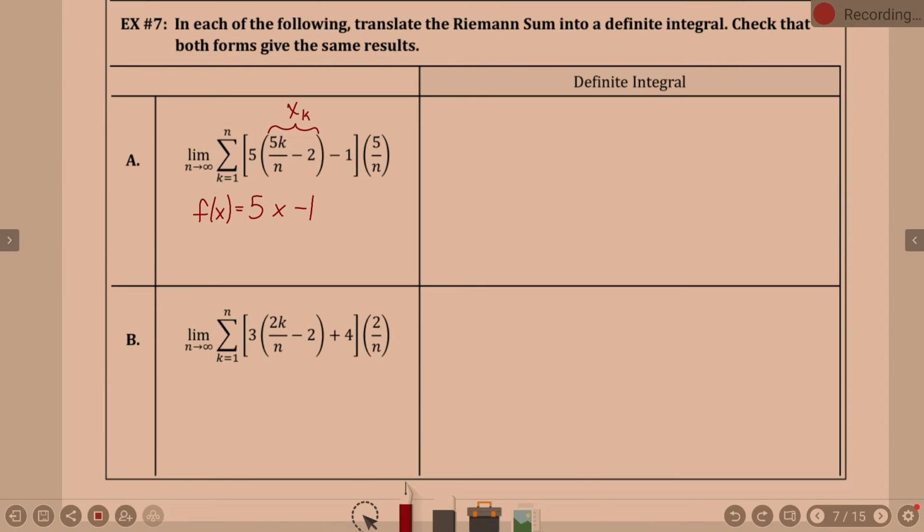Okay, what else do we know? Delta x is 5 over n, right? Because what is this supposed to be? This is supposed to be f of x sub k times delta x. So are you seeing all that? This is getting tricky here. f of x sub k is this whole thing. x sub k is this piece right here.